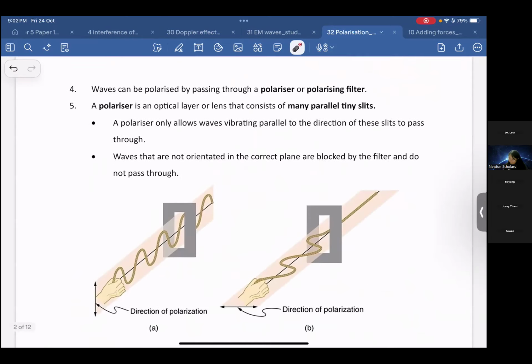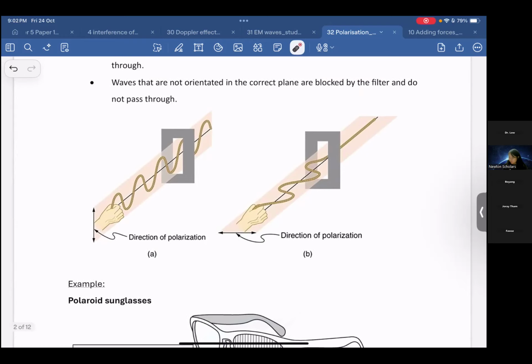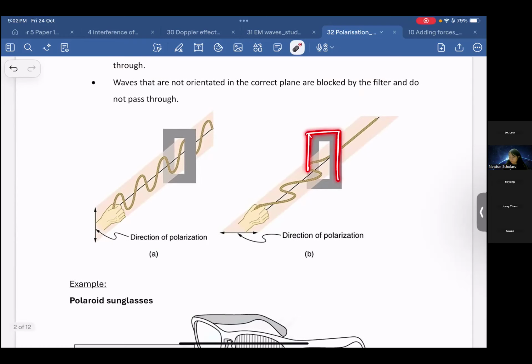Do you still remember the video just now, the red laser light? I was trying to rotate my filter. The brightness of the laser pointer decreased until a certain moment it became totally black, no more laser pointer brightness. That is when the filter is perpendicular to the wave.